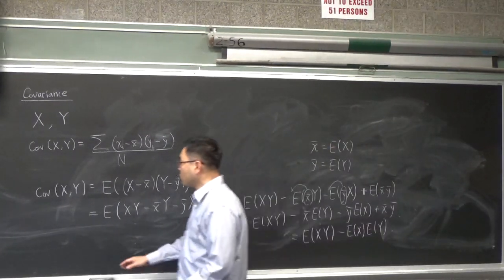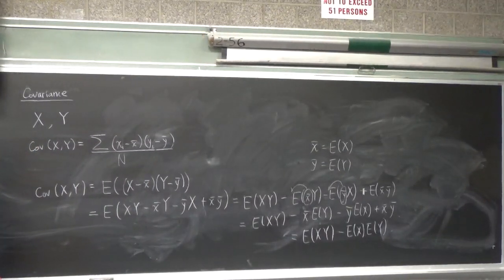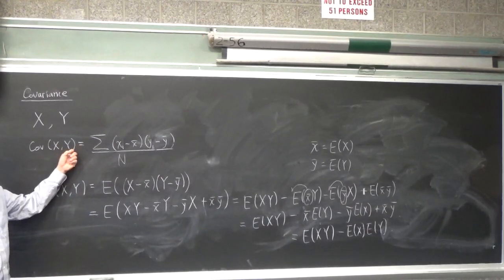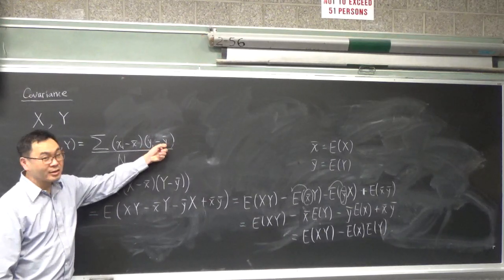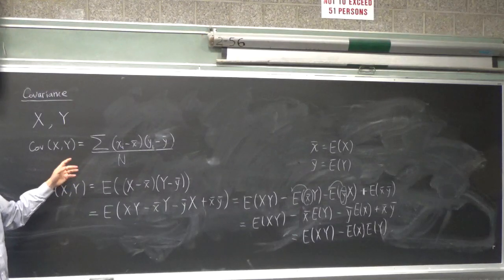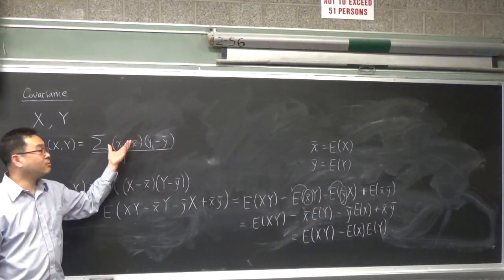A few observations. So first of all, if you had x and x, then you have xi minus x bar, xi minus x bar, right? Because you have x for both. Then, since these are exactly the same, it's a square of itself.